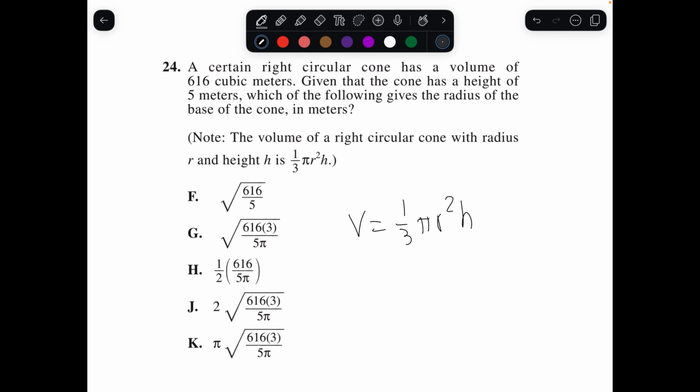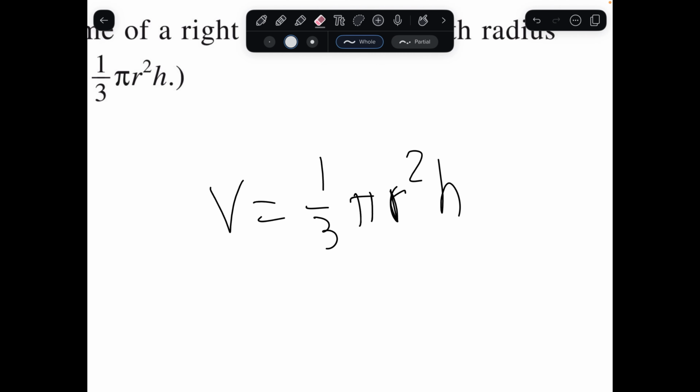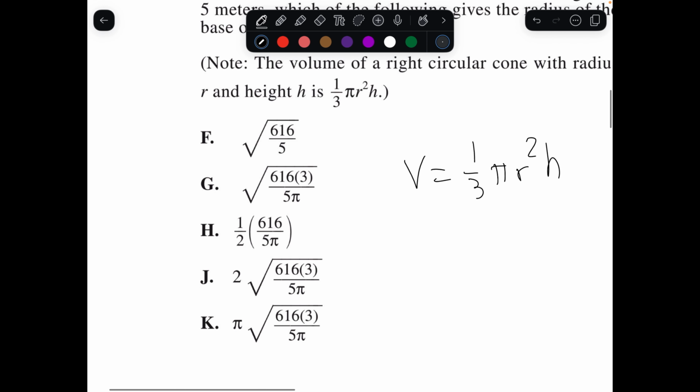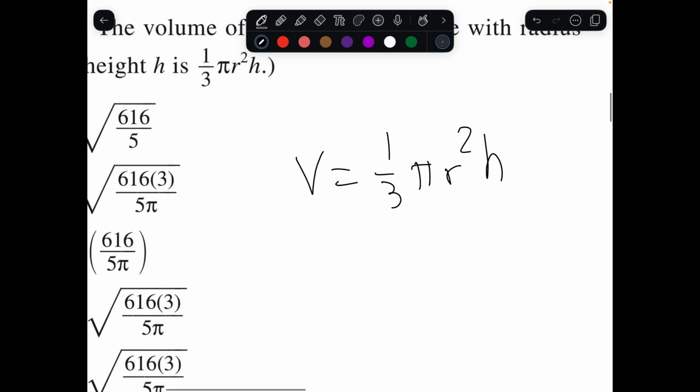For this problem, you basically want to solve for r. So let's isolate r first, and then we can plug in the given values. We're given that the volume is 616 and the height is 5, and we can plug that in at the end to match one of these answer choices. To isolate r, first let's multiply both sides of the equation by 3 to cancel out the 1/3 on the right.